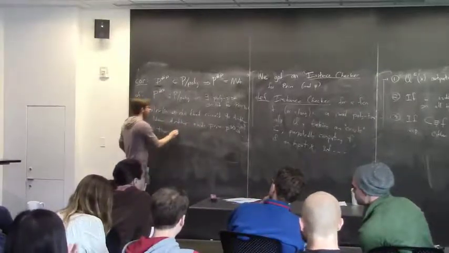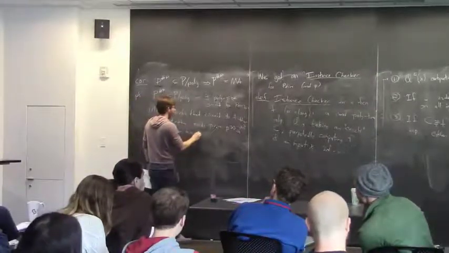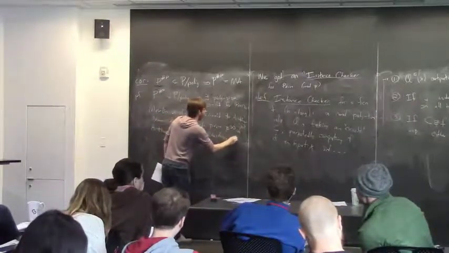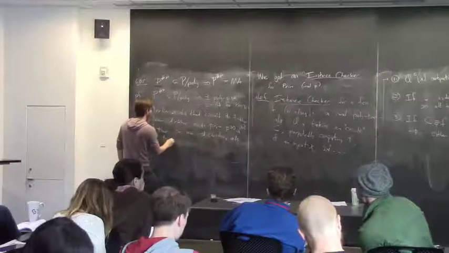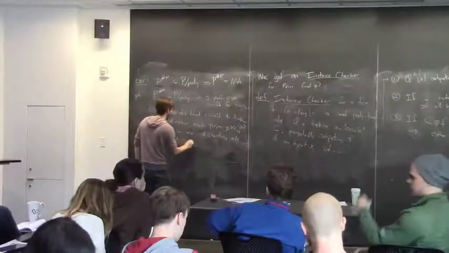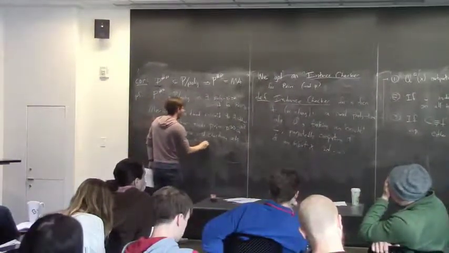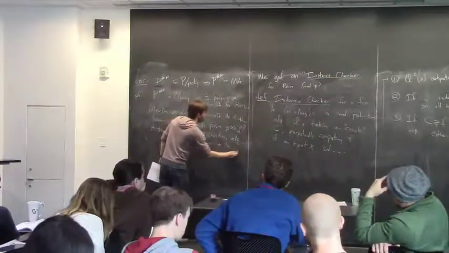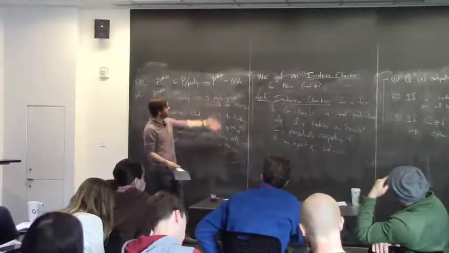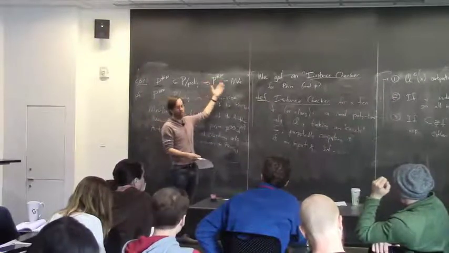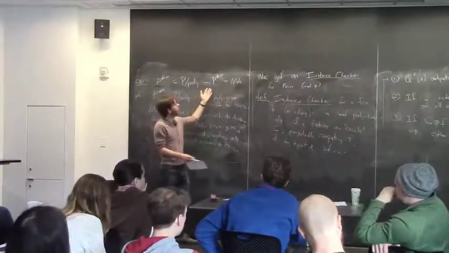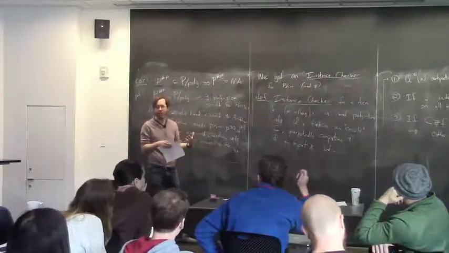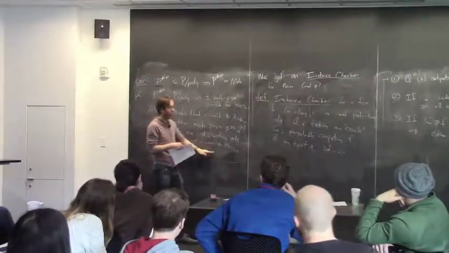So Arthur can use the instance checking algorithm to get correct answers to the permanent over 0, 1 matrices. The final thing is that he has to show P to the sharp P is in MA. But a P to the sharp P algorithm just makes polynomially many queries to the permanent, and Arthur can answer them all.